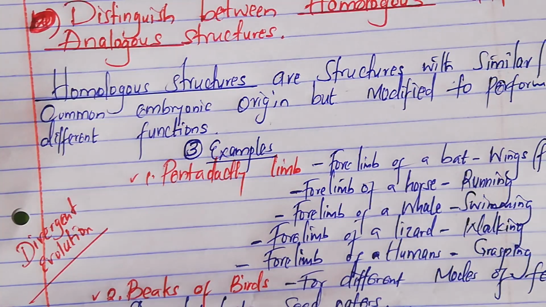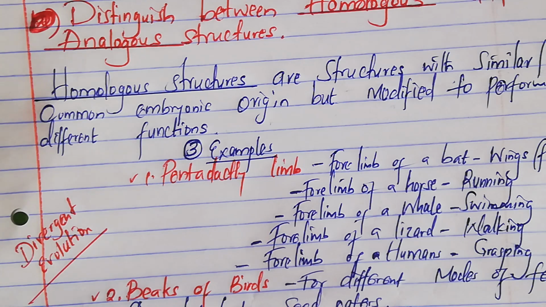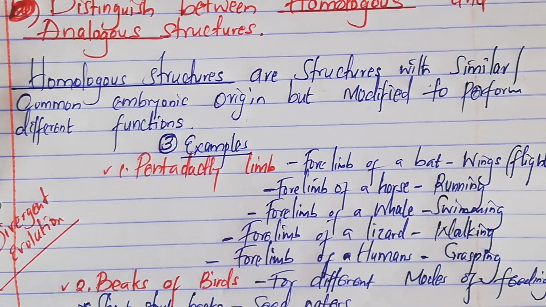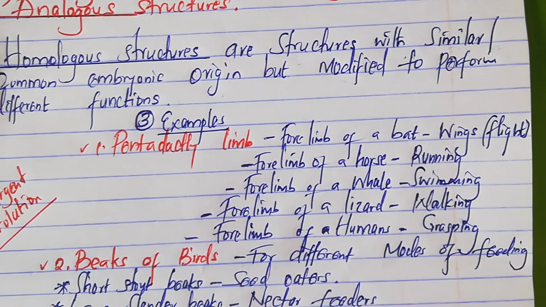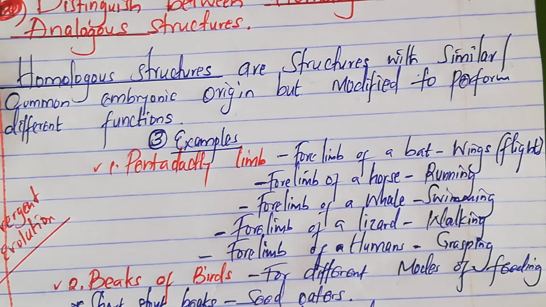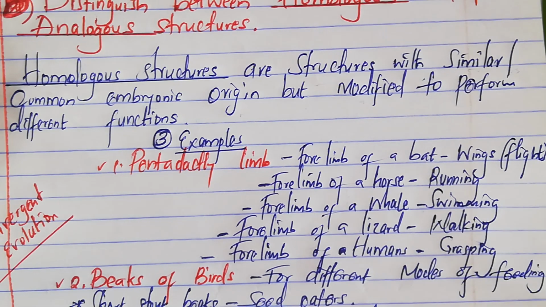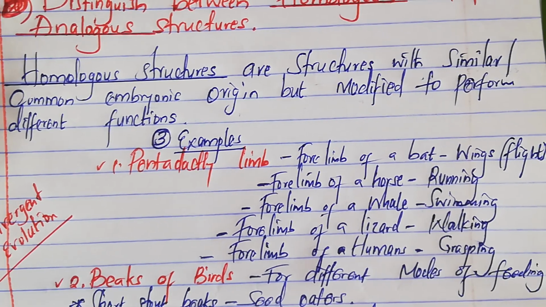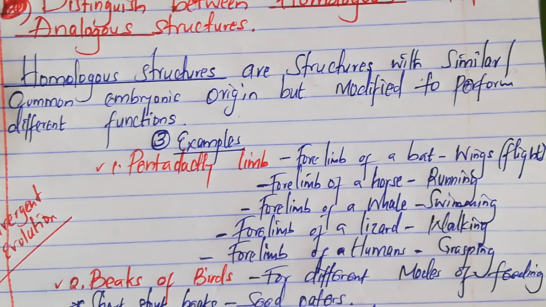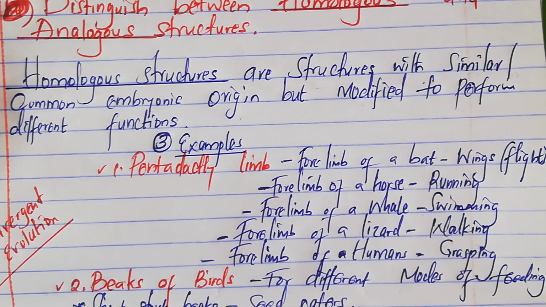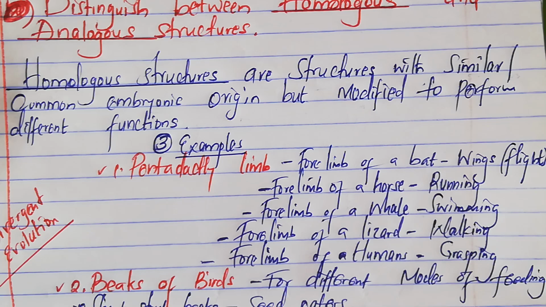So briefly, after saying that, it is important I give you the examples. Look at my notes. I think they are visible. You're going to be able to see them. The first example for homologous structures. Remember, this is a discussion that is brought out of the evidences of organic evolution, and the evidence of organic evolution in this matter is comparative anatomy.